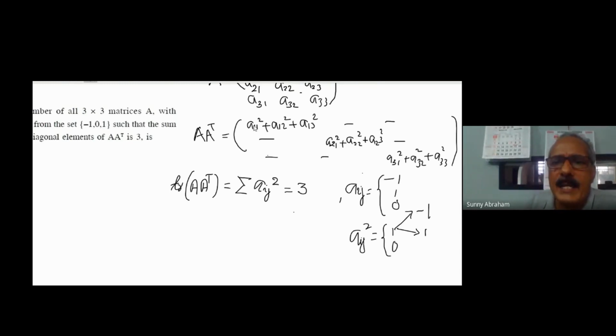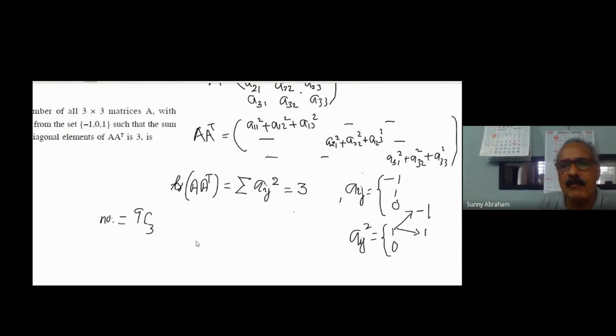Out of the 9 entries, you should select 3 and each should take the value 1. So the required number will be 9C3, selecting 3 out of the 9 Aij squares.